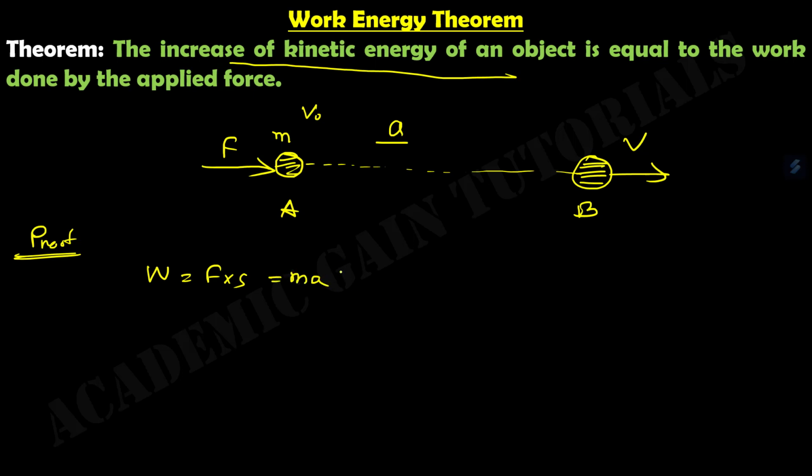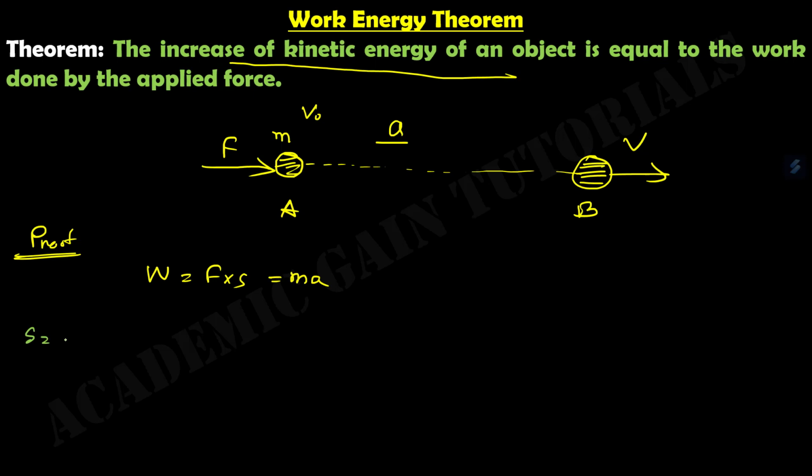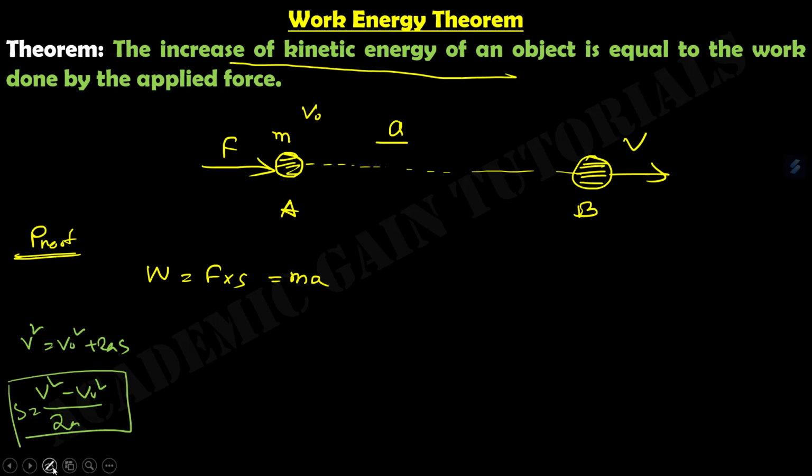And for S we know the formula: V square equals to V naught square plus 2A S, or we can write V square minus V naught square by twice A equals to S. So instead of S we will write this thing.